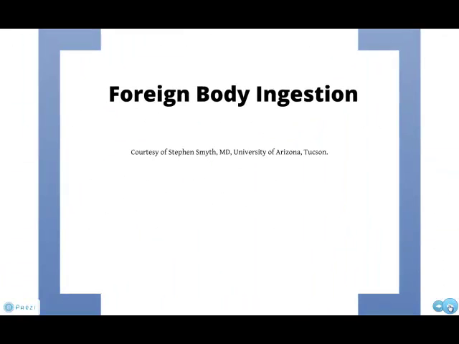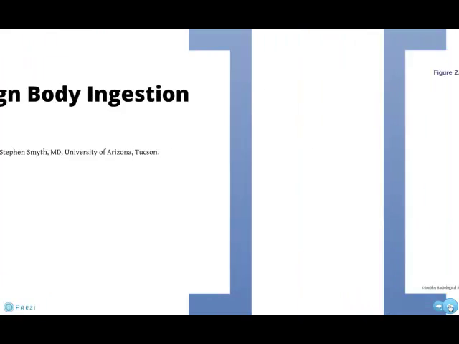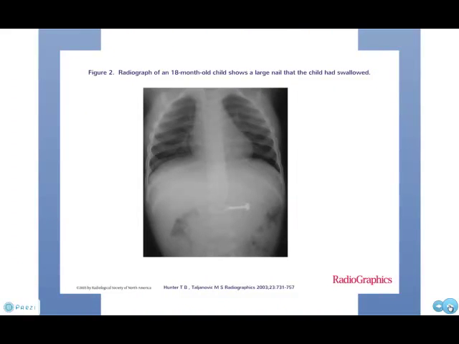So here are radiographic presentations of various pediatric patients that we've seen in the past. They may help you identify some obscure objects. Here's a radiograph of an 18-month-old child showing a large nail that she swallowed, located in her abdomen.